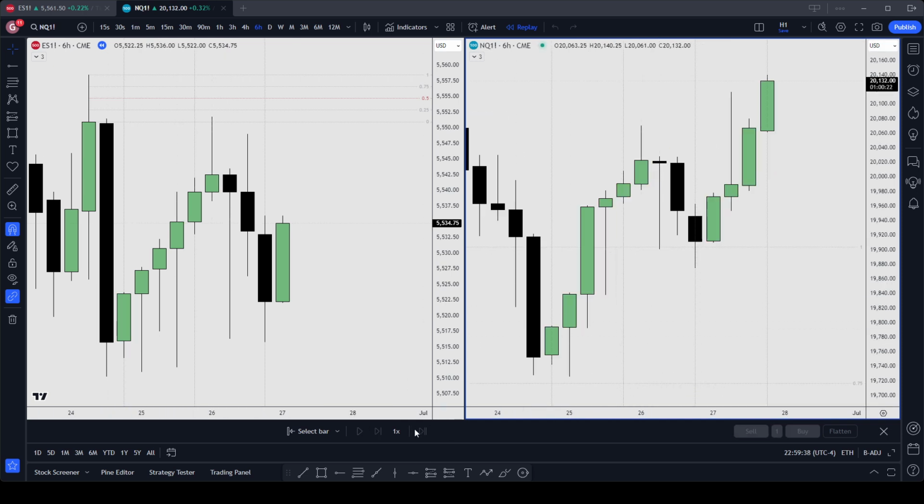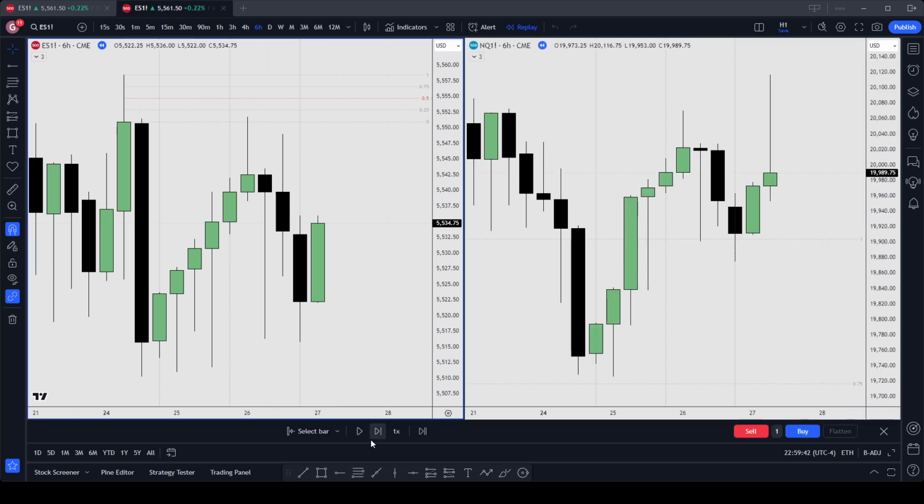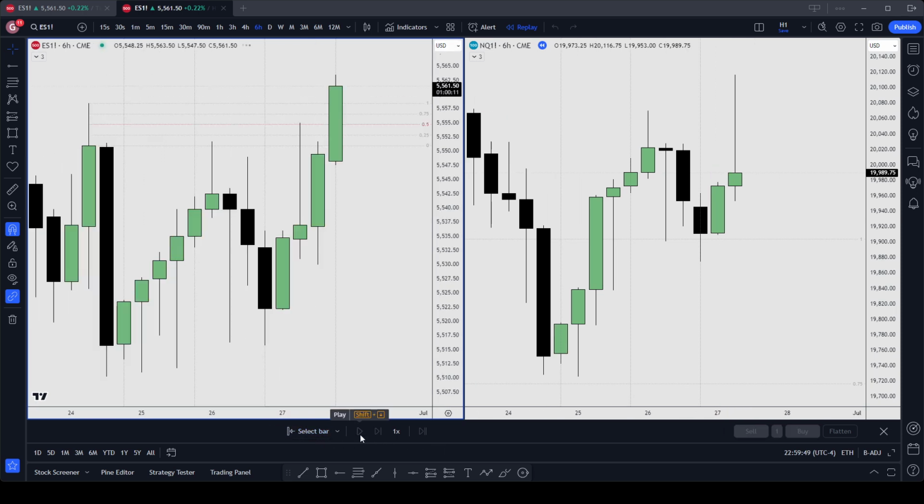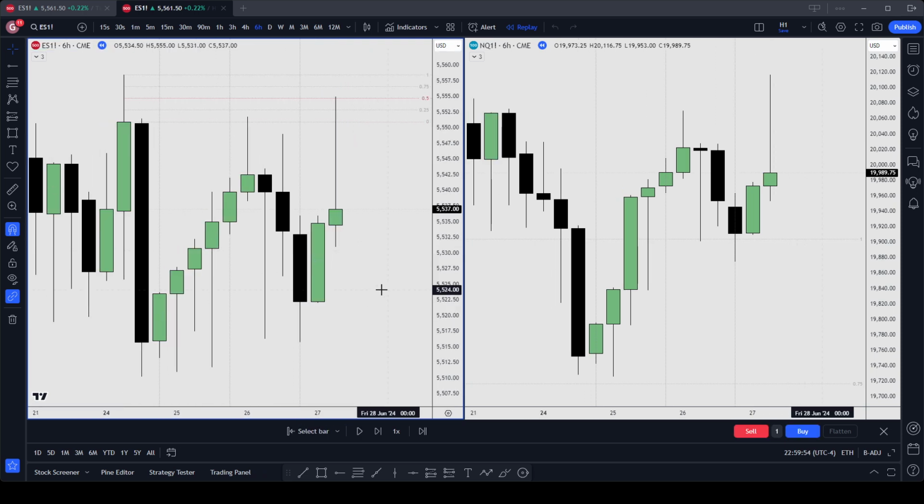Let's move the bars. Right, so right now we have the candle for the New York session.